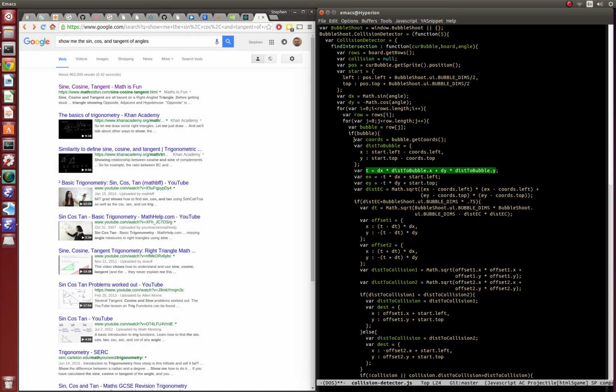What is t in this case? I'm going to read the actual sentence he has provided for us about what t is. Okay, so dx and dy, I'm right about that. Finally, dx and dy define how much a bubble moves left or right, dx, or up or down, dy, relative to the total distance the bubble will move.